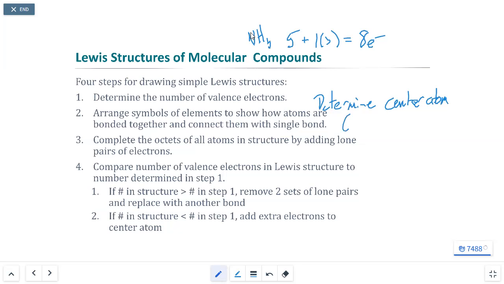And the center atom is going to be the one that is the least electronegative. Remember at the end of Friday's lecture, we talked about electronegativity, that ability for electrons to be drawn to an atom when it's bonded. The center atom is going to be the one that has the least attraction.